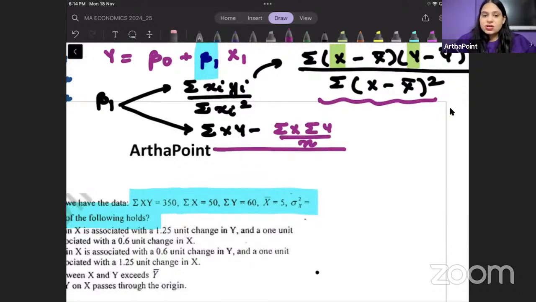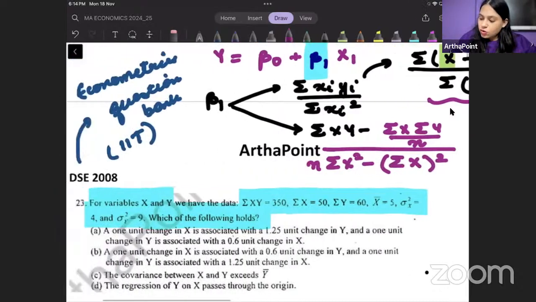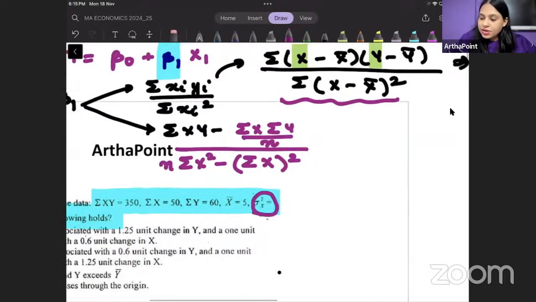Now this is interesting. When I write the actual formula, it is n summation x square minus summation x whole square. But if you look at the options given to you, you will see that the variance of x is given. So whatever the denominator is, it is not matching this and it is not matching this.